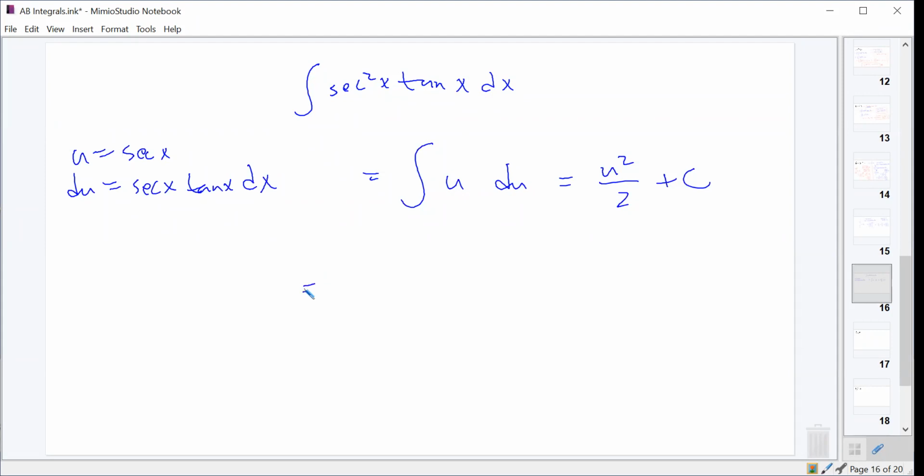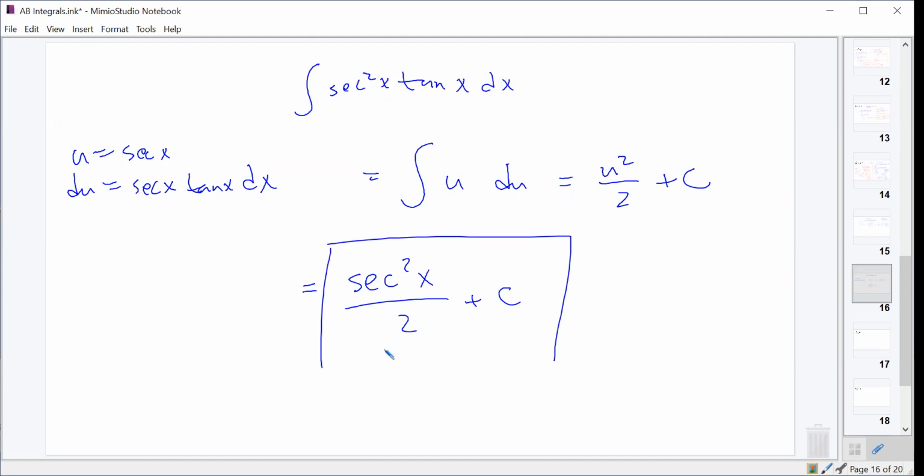Which would give us secant squared x over 2 plus our constant. Everybody agree that that would be the indefinite integral of this? Yes. All right. Cool.